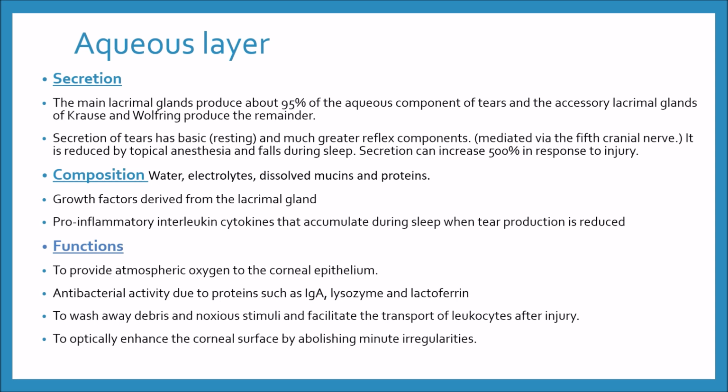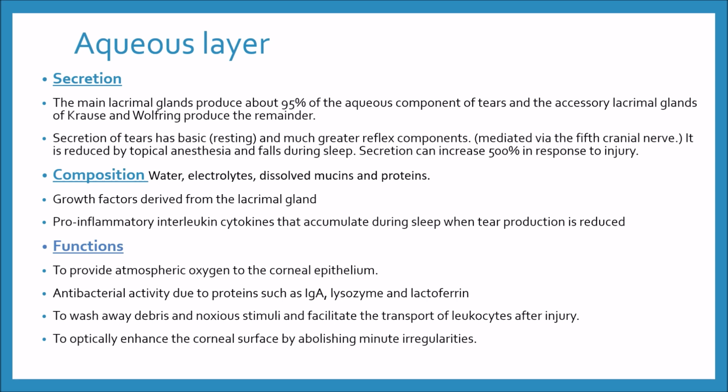The second layer is the aqueous layer, which is secreted by the lacrimal glands. The main lacrimal glands produce about 95% of the aqueous component of the tears, and the accessory lacrimal glands of Krause and Wolfring produce the remainder. Secretion of tears has basic, resting, and much greater reflex components.